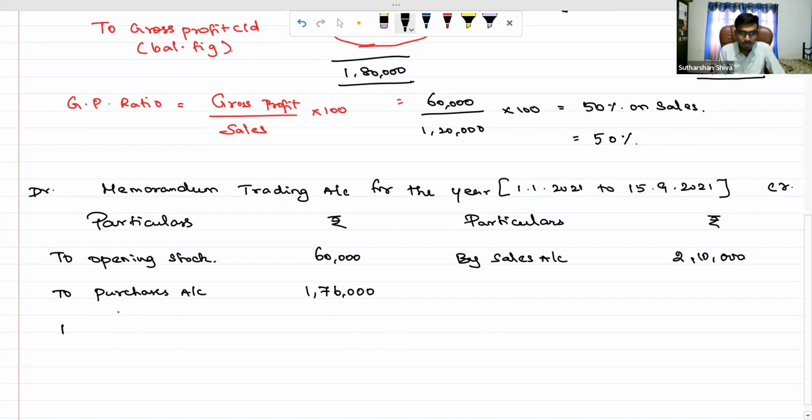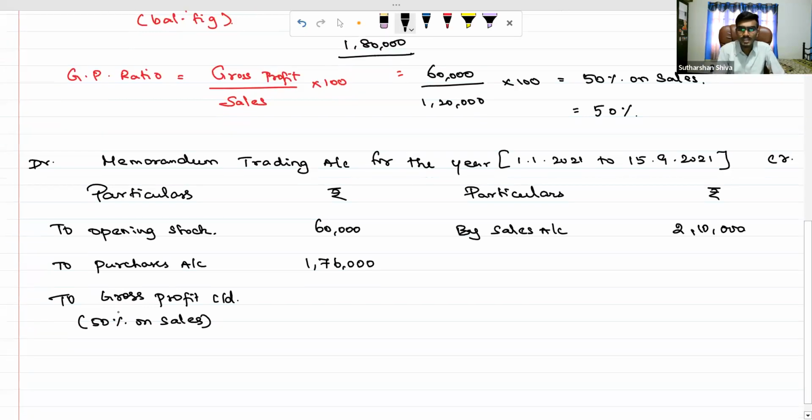Now I don't need to put the gross profit figure, because the gross profit carried down is 50% on sales, based on the previous year trading account. If it is 50% on sales, it is 50% on 2,10,000.